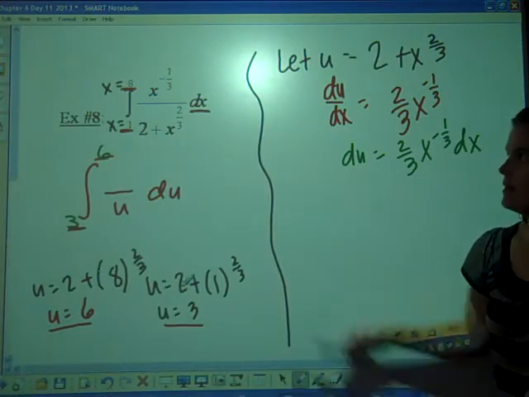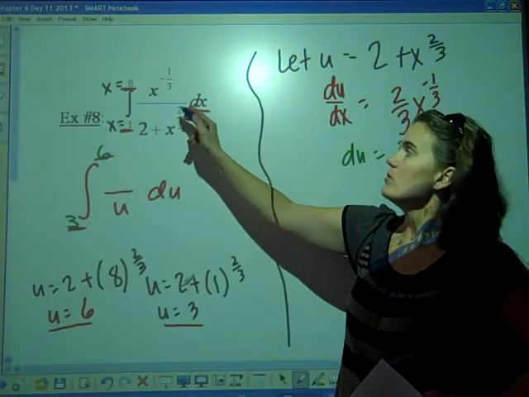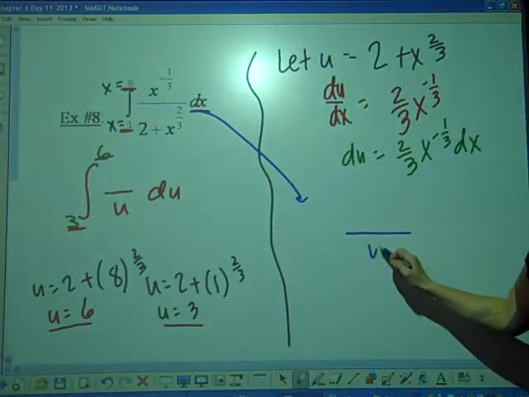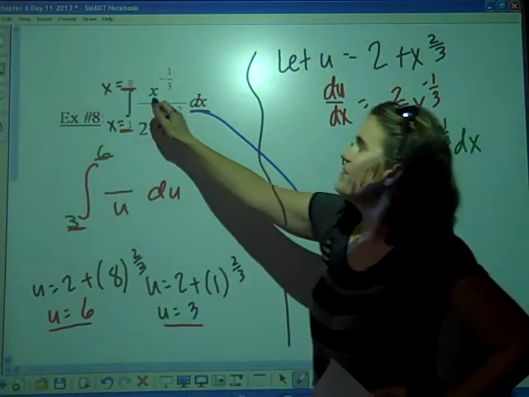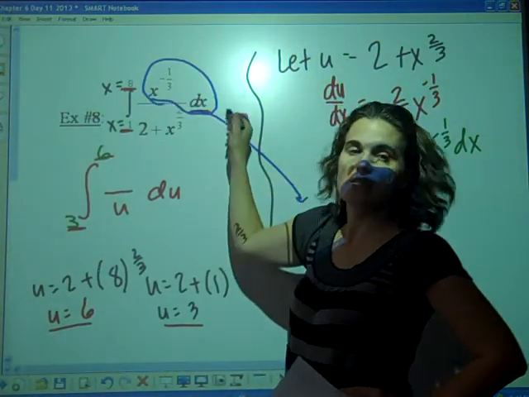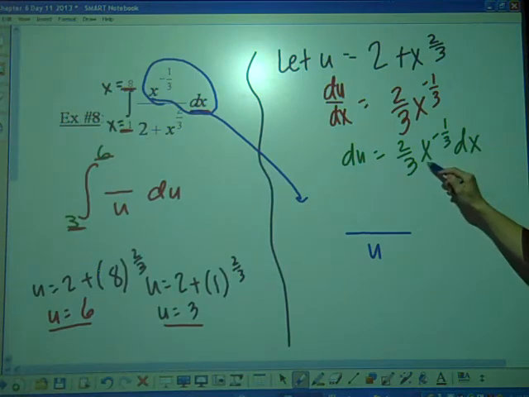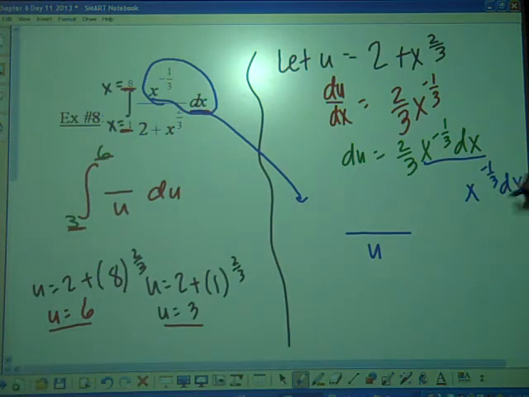And again here, I'm trying to rewrite this problem all in terms of u. So if I just come over here for a second, if it was just the indefinite integral, I have my u downstairs, and then I have this x to the negative 1/3 dx. If I want to isolate that, x to the negative 1/3 dx, I must have multiplied both sides by 3/2.